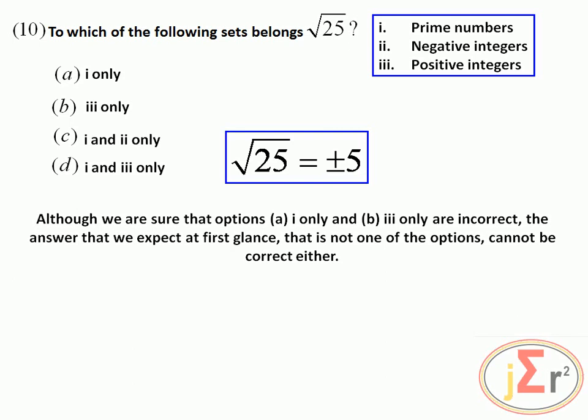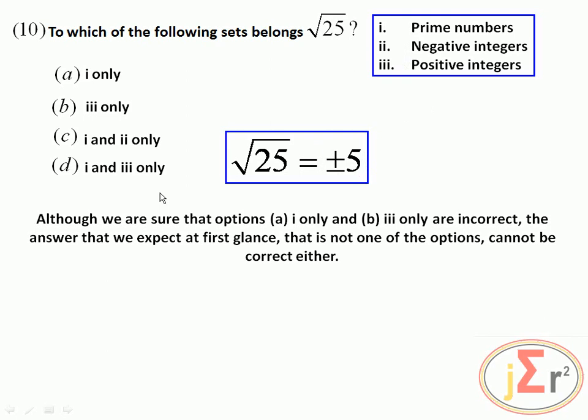The answer that we expect at first glance, that is not one of the options, cannot be correct either. We are sure that inside here we get all 3 sets. We are sure that these numbers can be proven to be associated with all 3 sets.